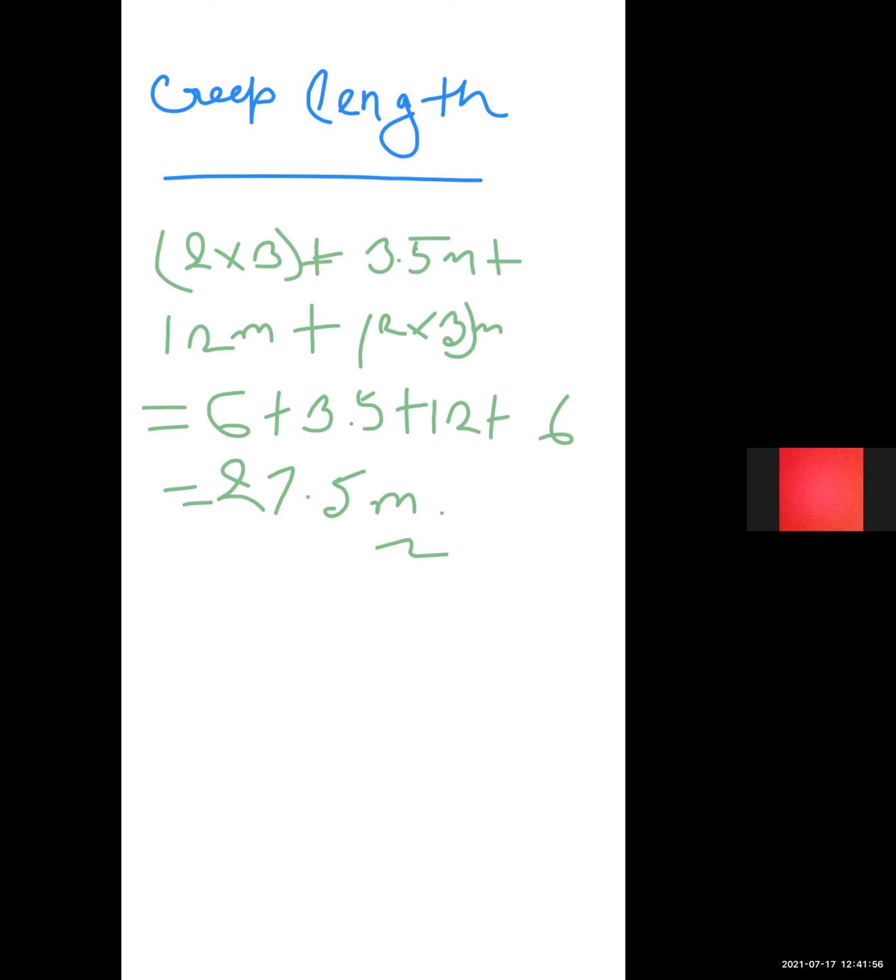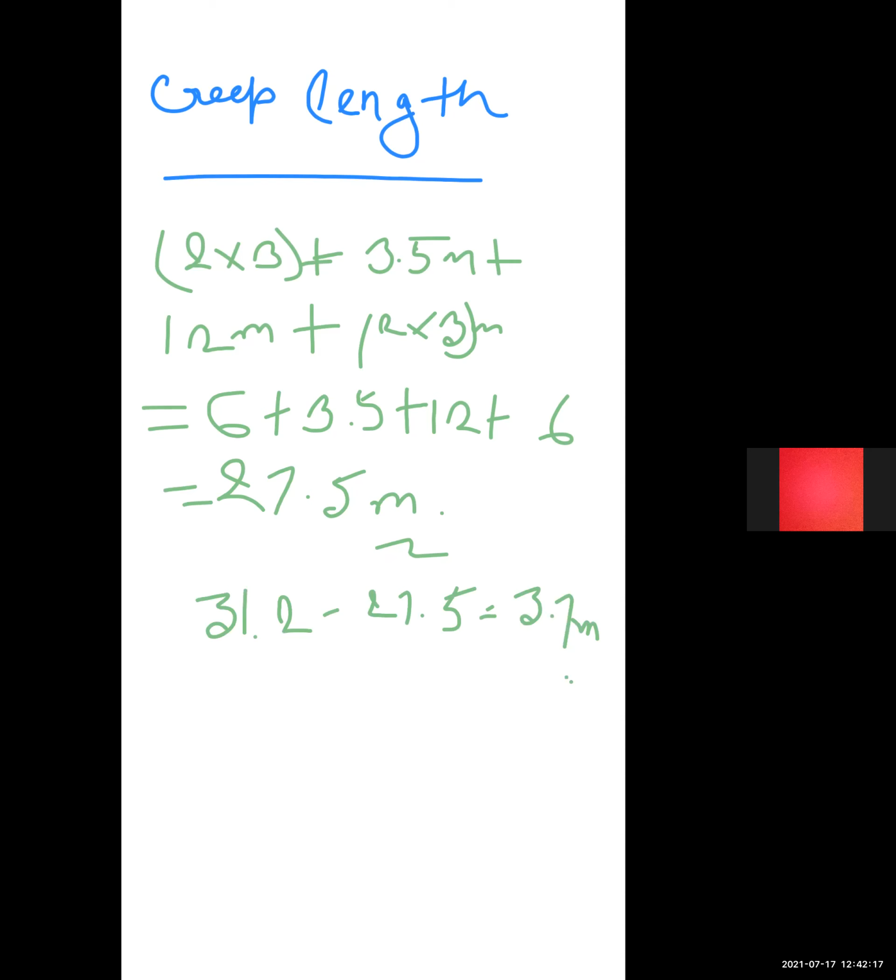So the balance length, that is the 31.2 meter, there is a difference. So calculate that difference. So difference is 31.2 minus 27.5, and this value is equal to 3.7 meter.